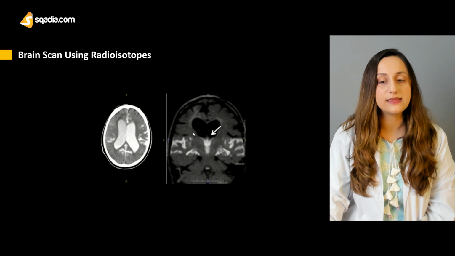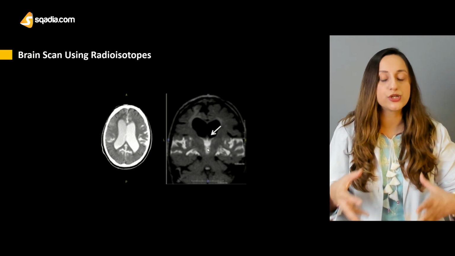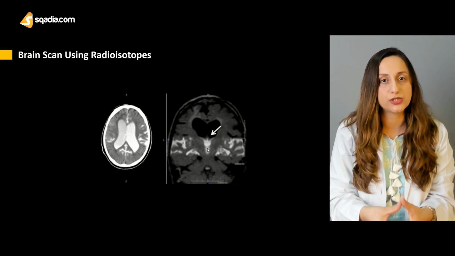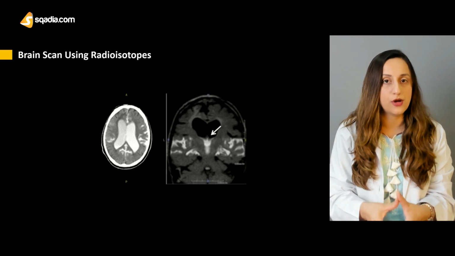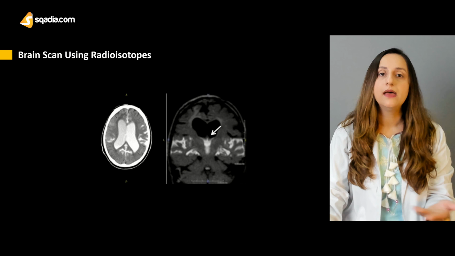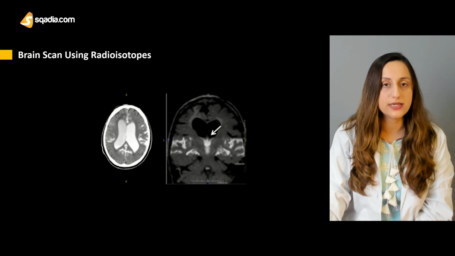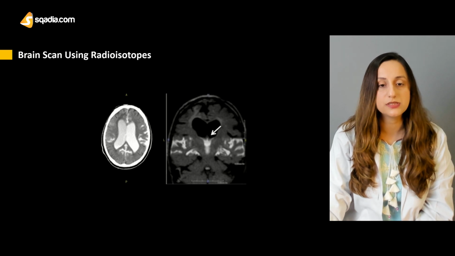As we can see, there is a back pressure and the fluid is accumulating over here due to some sort of abnormality or a communication problem with the third ventricle at the foramen of Monro. So even the site at which the problem is arising can be detected when we carry out these radioisotopic techniques in the patient.